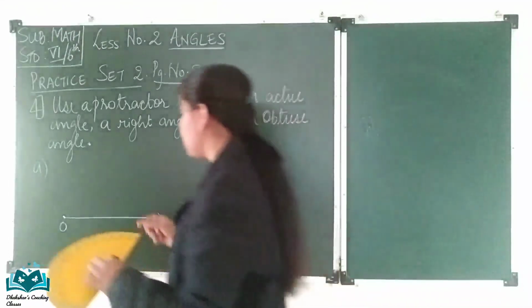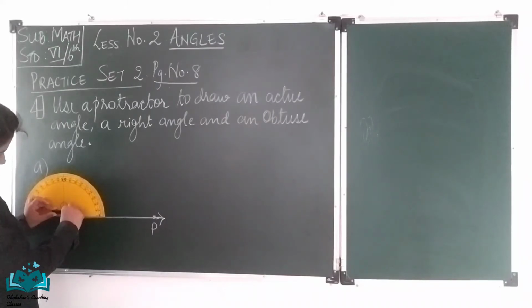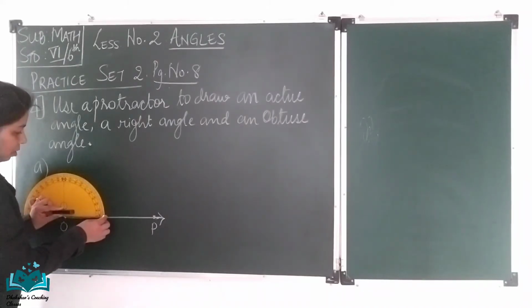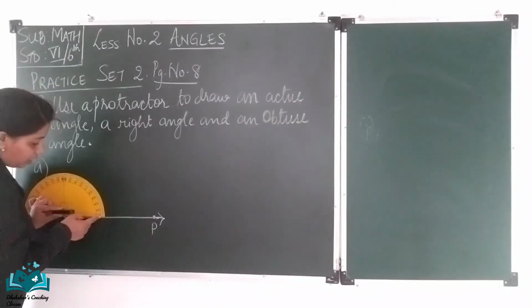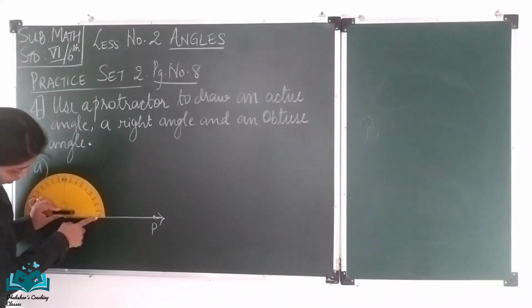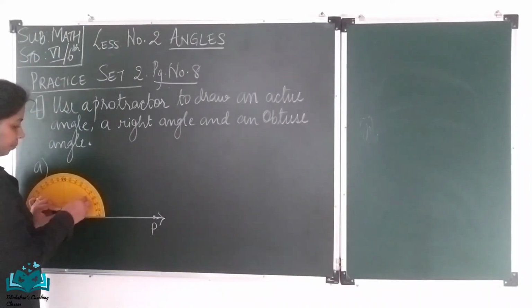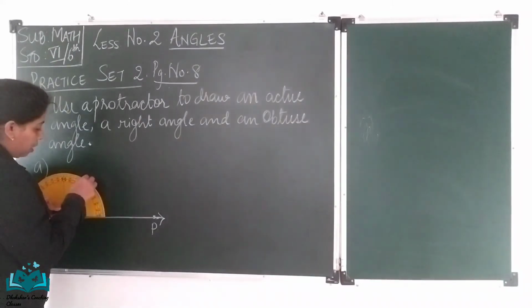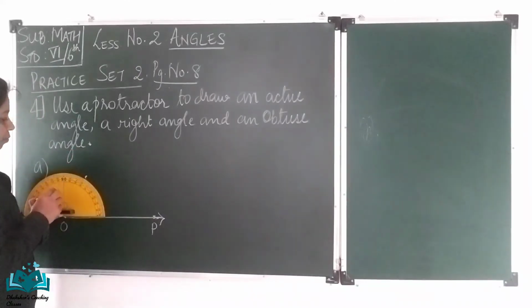I will place this pointer on O. Take any angle whose measurement is greater than 0. I have placed this pointer on O. It should be kept straight on the line. I mark an angle of 60 degree with the help of the protractor.